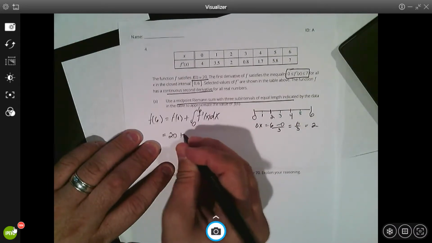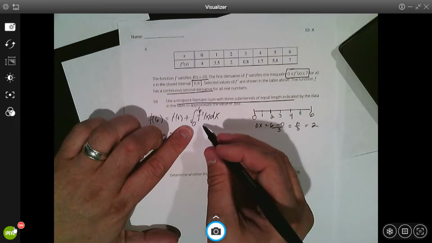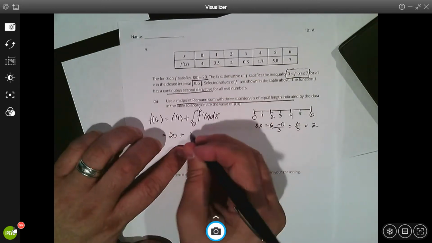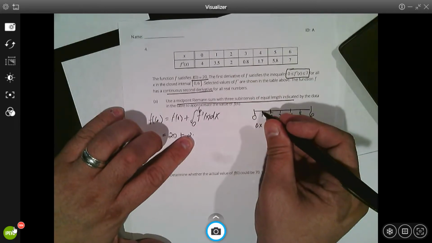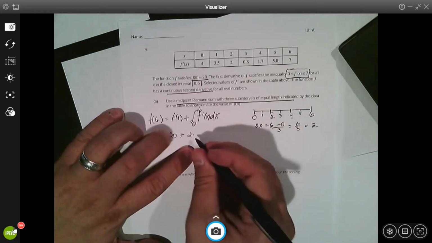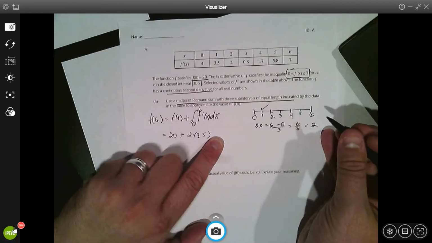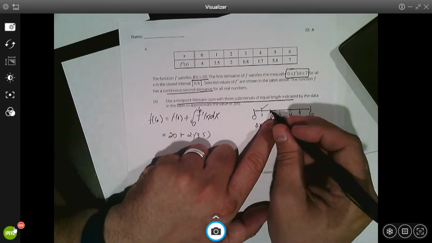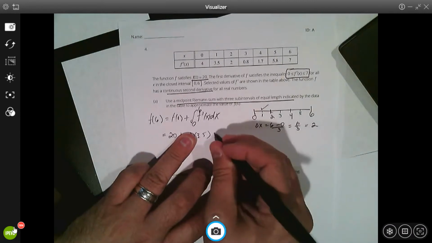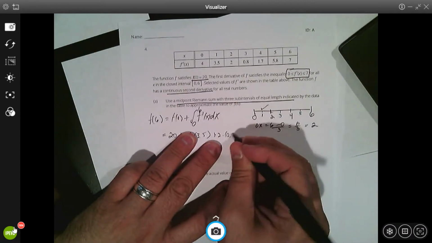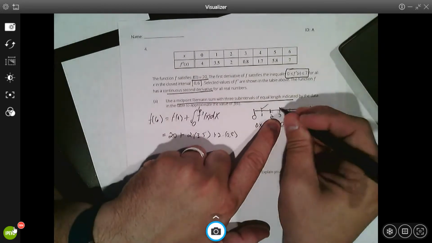To approximate the area under this curve using that method, well, what do we know? f of 0 is 20. And now to approximate that, I'm going to say it's the width of this interval, which is 2, times the value of the derivative at 1, because that's the height of the rectangle. So f prime of 1 is 3.5. That's the first rectangle. Your second rectangle has a width of 2. Now the value of the derivative at 3 is 0.8.